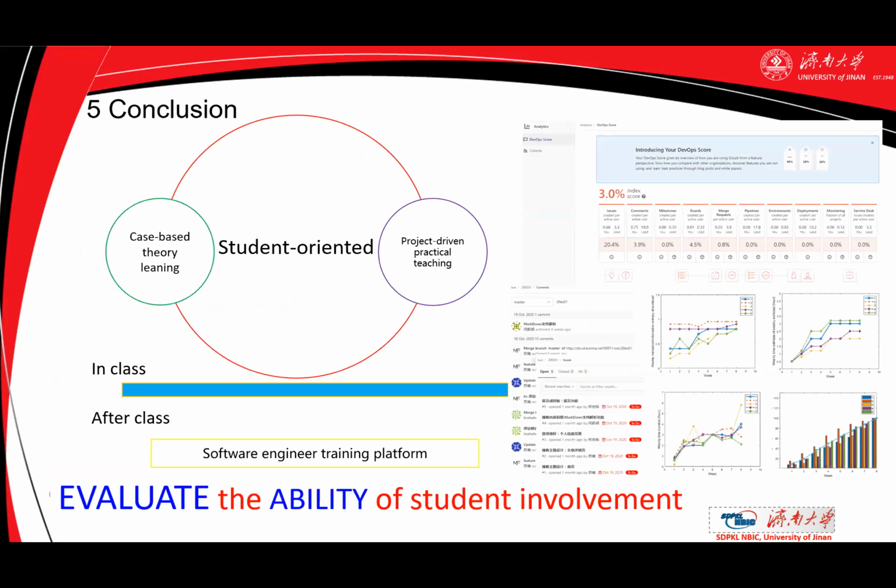Generally speaking, students learn through project-driven and case-driven learning in class, and after class, their work is submitted through the software engineering training platform. In our research, all students experience a team project of software engineering training for 16 credit hours, about 8 weeks.